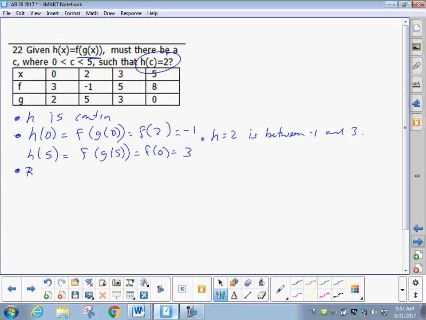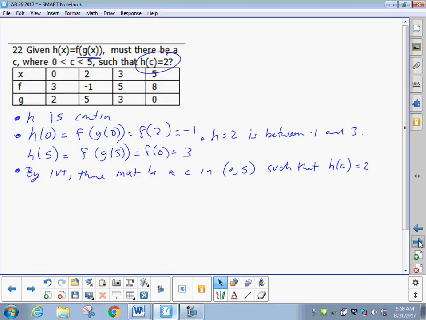I conclude by IVT, there must be a C in the interval 0 to 5 such that H at that number, whatever that X is, has to equal 2. How'd that go?